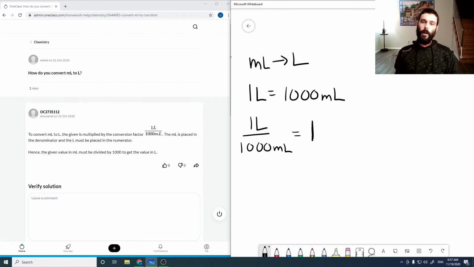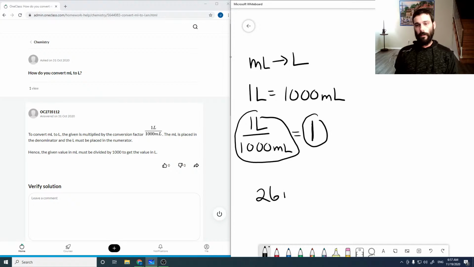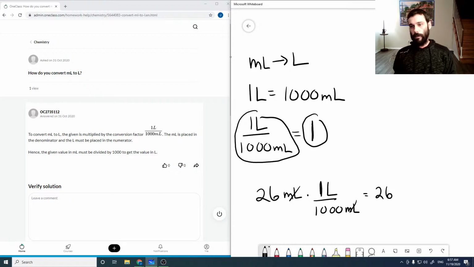And you can always multiply a quantity by 1. That means that you can always multiply something by this without changing anything. And so if you have a quantity like 26 milliliters and you want to convert it to liters, then you could just multiply it by 1, which is the same thing as multiplying it by 1 liter over 1,000 mils. And then your mils will cancel, and you would get 26 times 10 to the minus 3 liters.